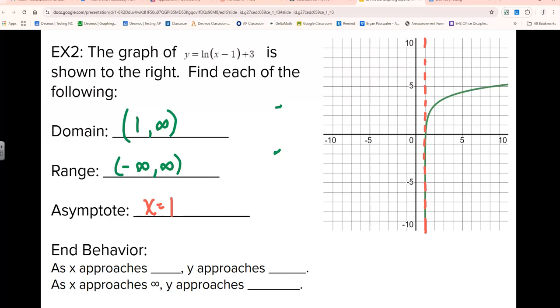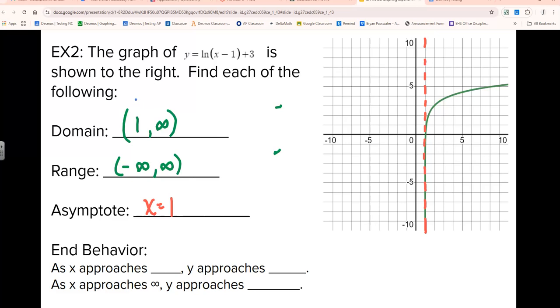Okay. End behavior is a little bit trickier with logs because normally we do as x approaches negative infinity for the left side and as x approaches positive infinity for the right side. But does this graph approach negative infinity? It stops right here at 1. It never goes below 1, right? So for my left side, I don't want to say as x approaches negative infinity. What we can do is say as x approaches the left side of the domain.